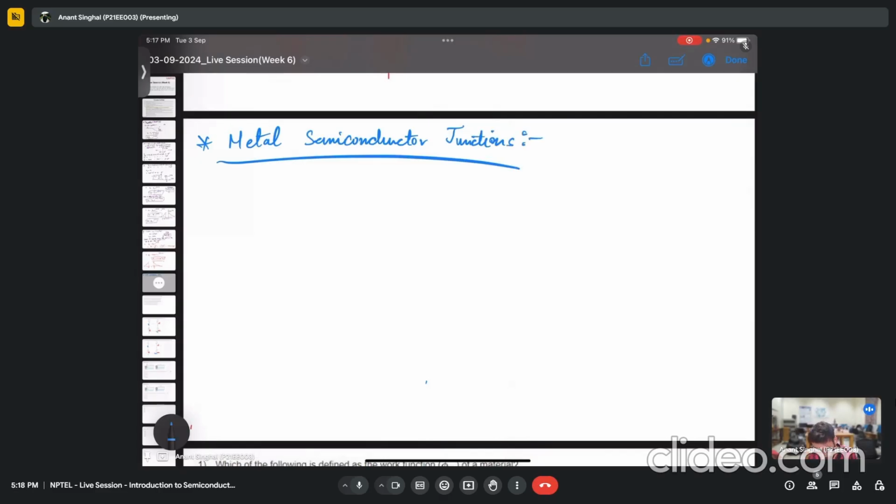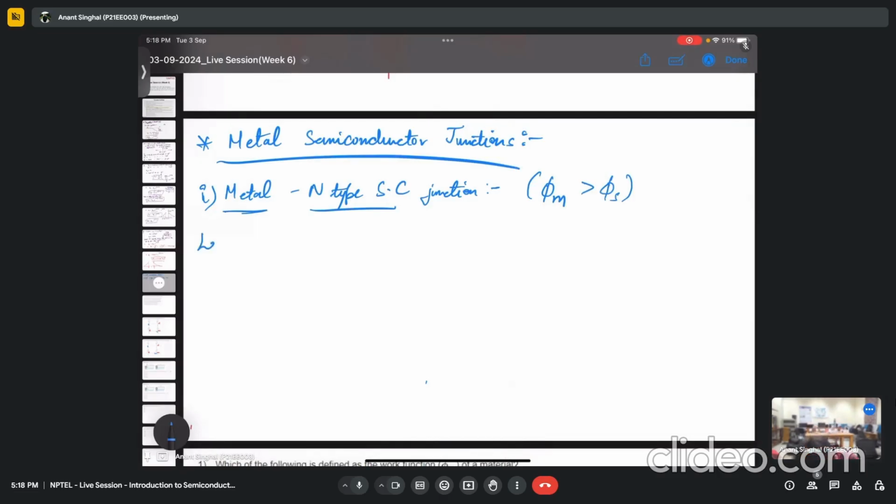Let's move ahead. I'll be taking all the different cases that we can have. The first case that I'll be talking about is a metal N-type semiconductor junction. So we have an N-type semiconductor and we have a metal and we are having a junction for them. One more thing that I'll highlight here is that the work function of the metal is greater than the work function of the semiconductor. I'll let you know why I've written this and what it is.